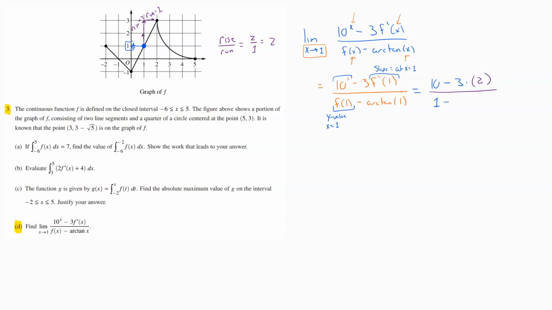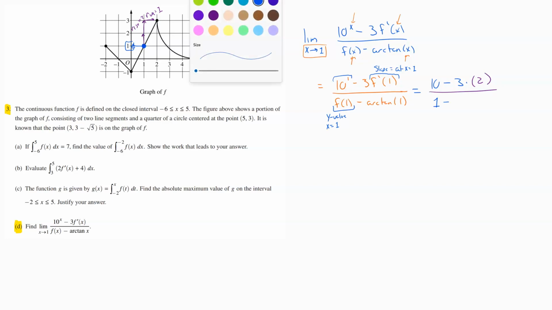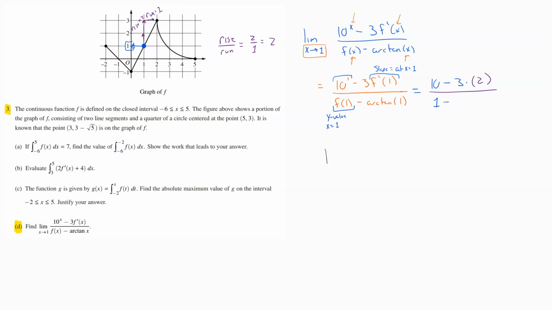This is back to your unit circle game. So arctangent of 1, I like to think about it as tangent inverse of 1. We're looking for the angle here, the answer, which you would think about as theta. When we're talking about arctangent, you also need to know that arctangent lives in the first and the fourth quadrant, so it lives between pi over 2 and negative pi over 2.